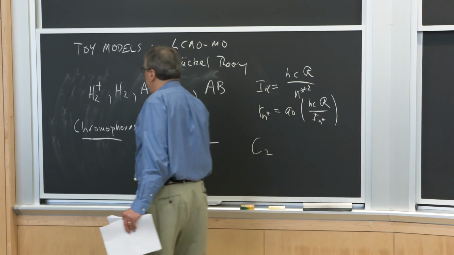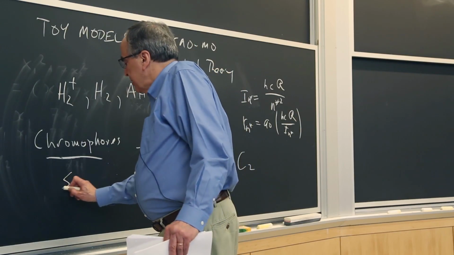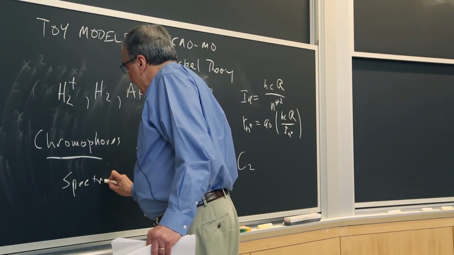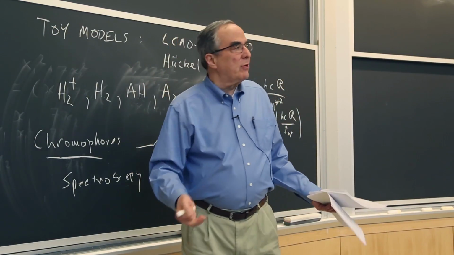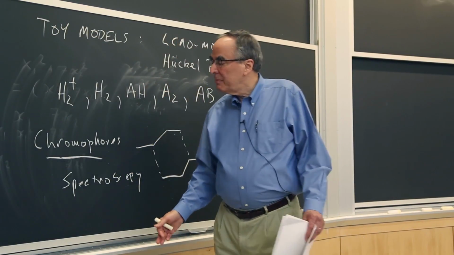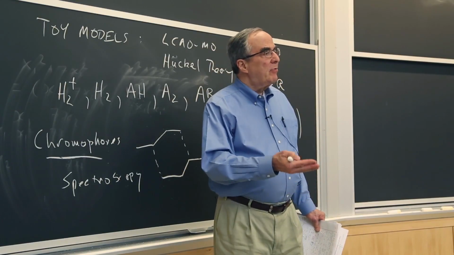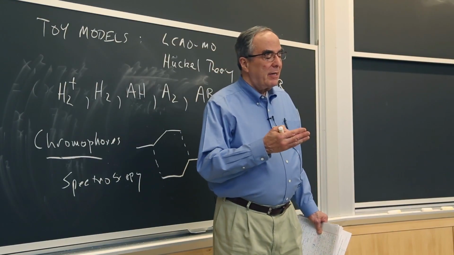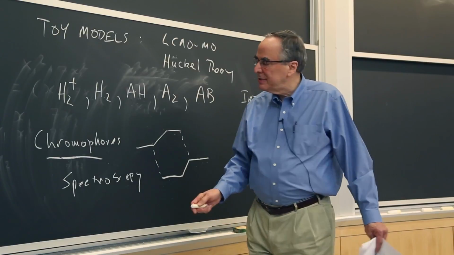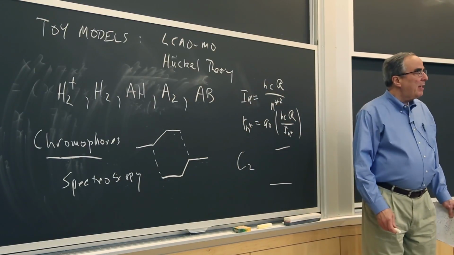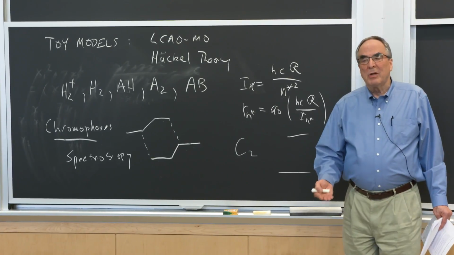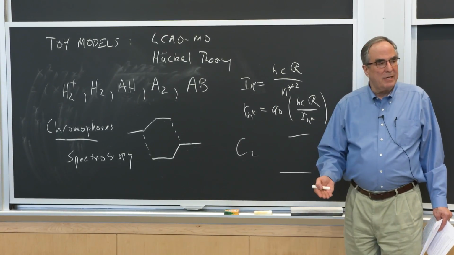And one of the things that we care about is spectroscopy. How do we learn about the structure of a molecule? And mostly you learn about it from doing electronic spectroscopy. You do transitions between the ground state and some higher states, and you want to be able to predict what you're going to see.